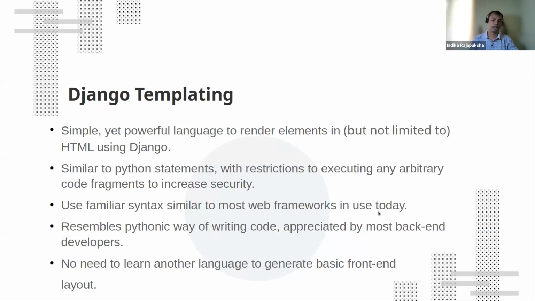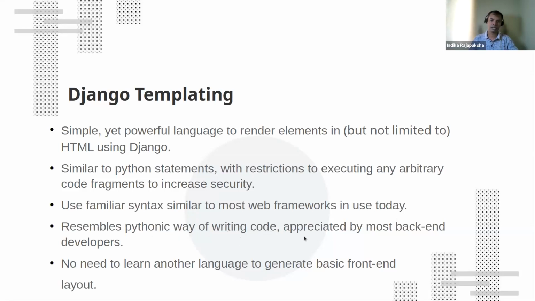If you have used React or some other front-end framework, the Django template is also similar to that, right? And this Django template language is the best way of writing code in Django, because it is somewhat Pythonic.